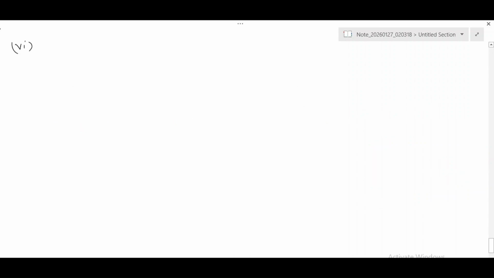Next sum, sixth subdivision. p of x is equal to 3x squared minus x minus 4. So it is minus 12 and minus 1. So 4 threes are 12, 4 minus 3. Now 4 threes are 12, so we'll put the minus sign.